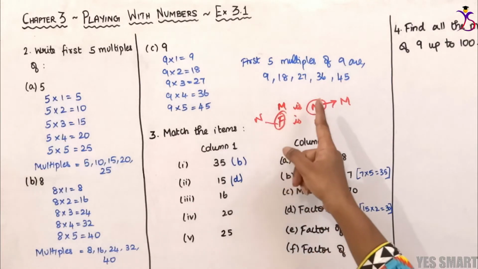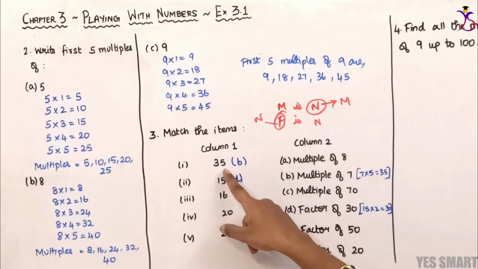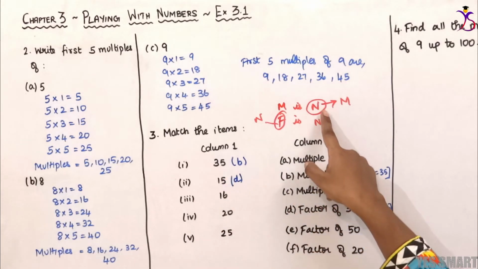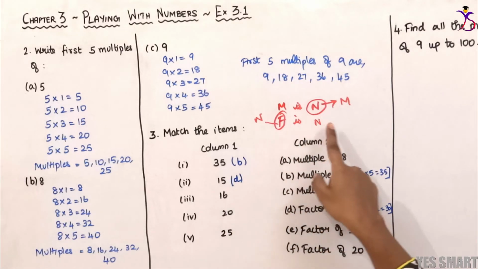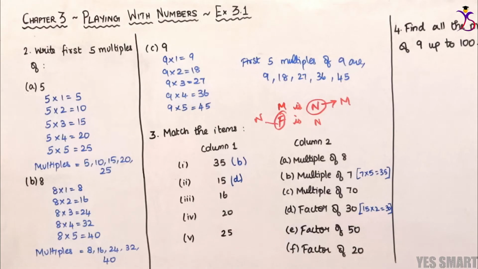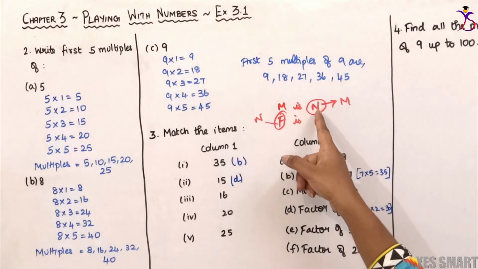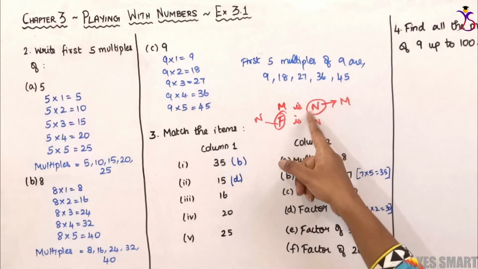In the first case, we have 35. So 35 is a multiple of 7. That means in the 7 table, 35 should be present. For the second example, we can consider the second subdivision. 15 is a factor of 30. Therefore, in the 15 table, 30 should be present.